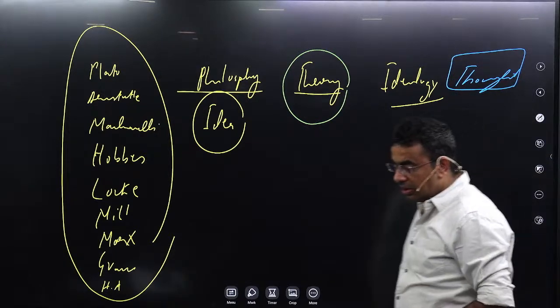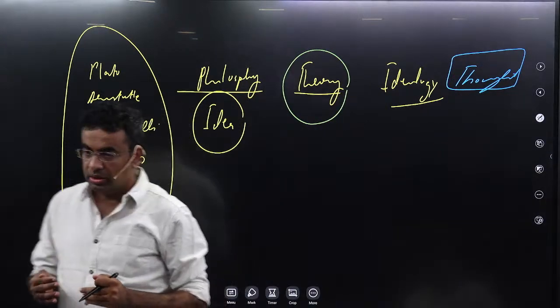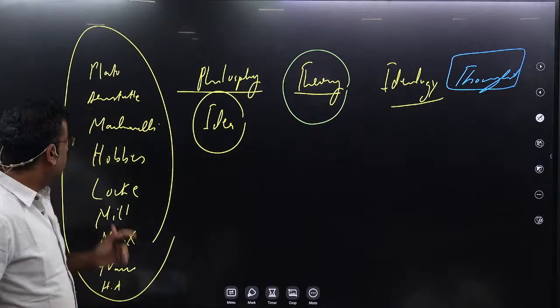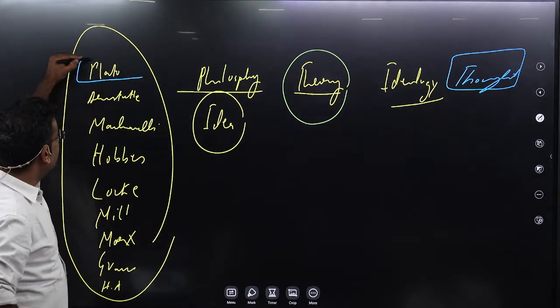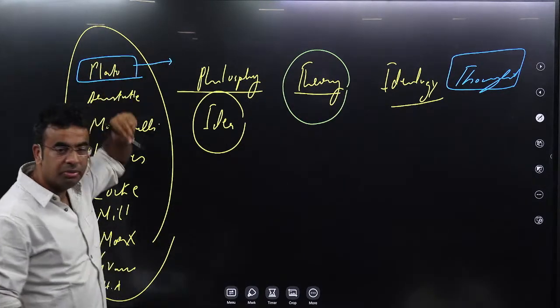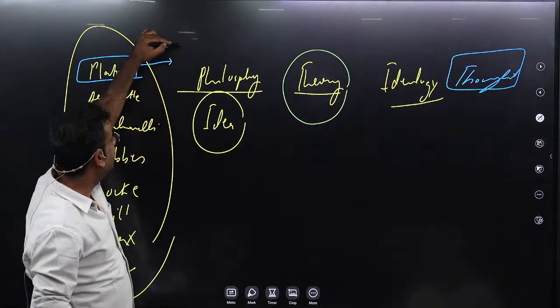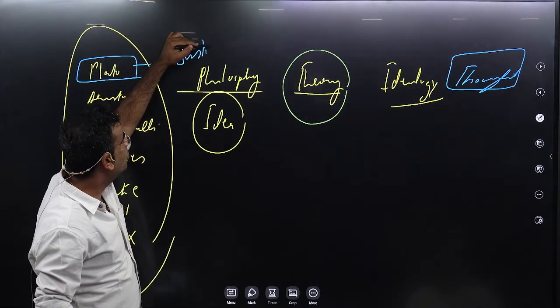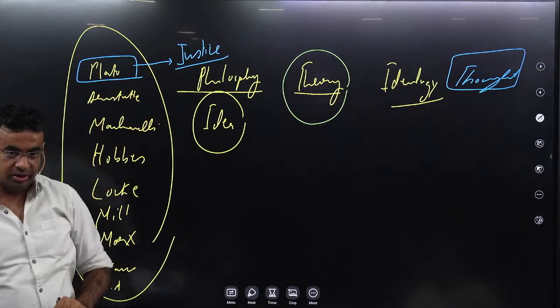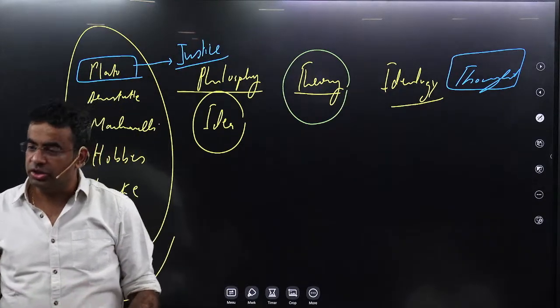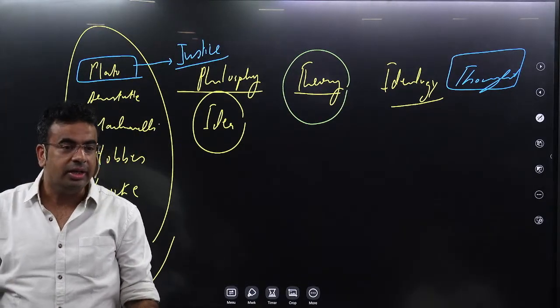Like now, Plato's main idea is, what is his main idea? His main idea is justice. How to create a just state, a just society. So he has given his idea of justice.